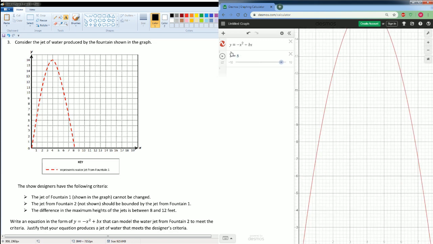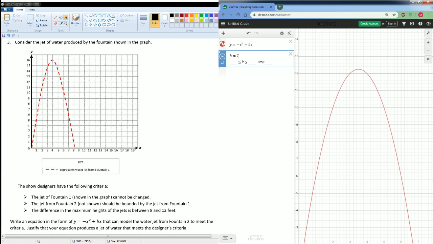Whoa, it got way too big. Let's go to 7. From 8, nope. Let's go to 6. Yeah, so look, 6 looks like it works. Let's say 4. No. 5. No. 6. Yeah, 6 is from 8 to 12. Let's go 7. Nope, so it should be 6.